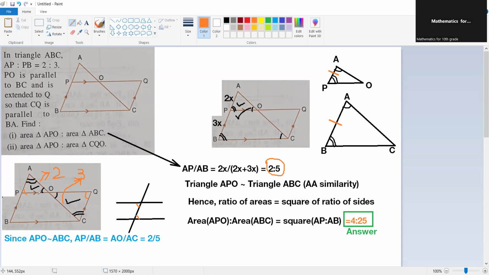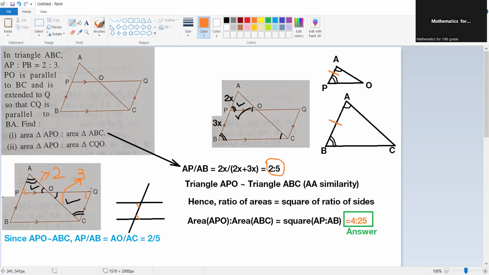And these two triangles are similar, again by AA similarity. So the area ratios would be the square of the ratio of the sides. And if this is 2:3, this one will also be 2:3.